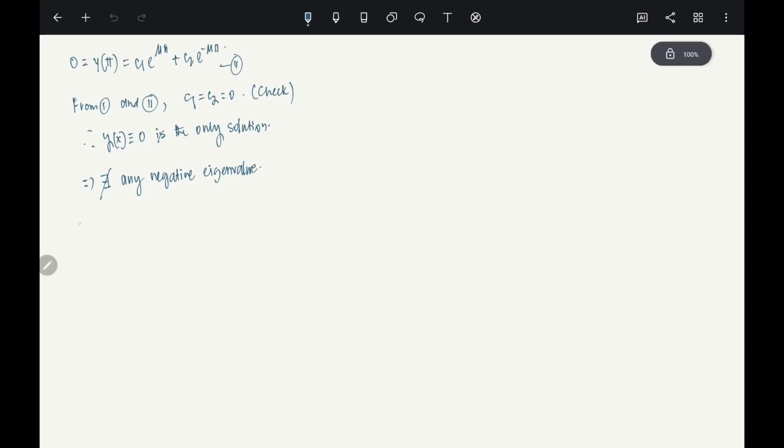First of all, let's write down a definition. The definition is: the set of functions phi n of x, n equals 0, 1, 2, and so on, each of which is piecewise continuous.